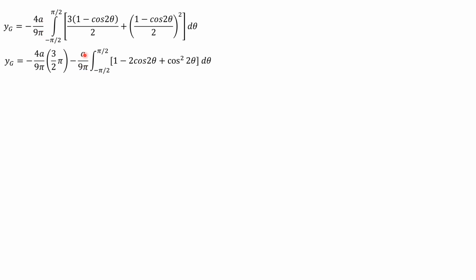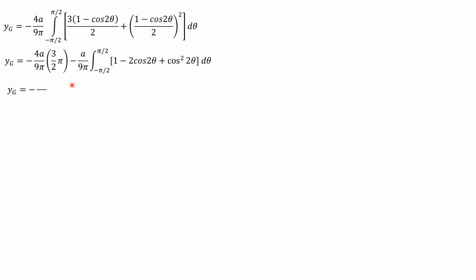That's why we have negative a over 9 pi after we cancel out 4. Then expanding, this is 1 minus 2 cosine 2 theta, the middle term, plus cosine square 2 theta, the last term, then d theta. Simplifying, this is negative 2/3 of a.